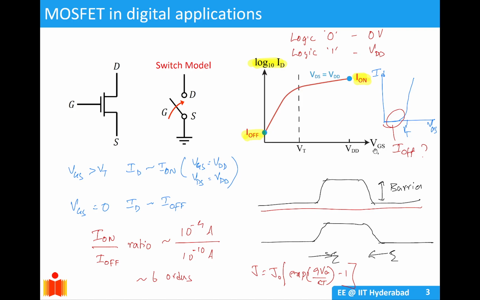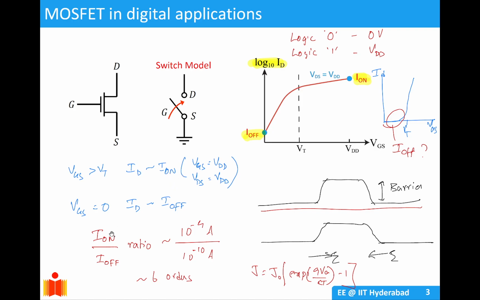And when my VGS is greater than my threshold voltage, then ID becomes very high, and this can be called the on condition, that is the connection, my drain and source are connected now.